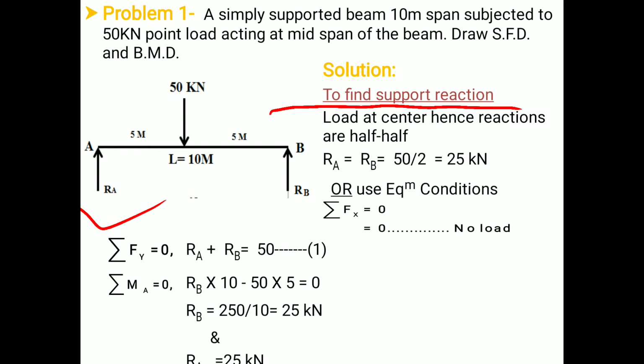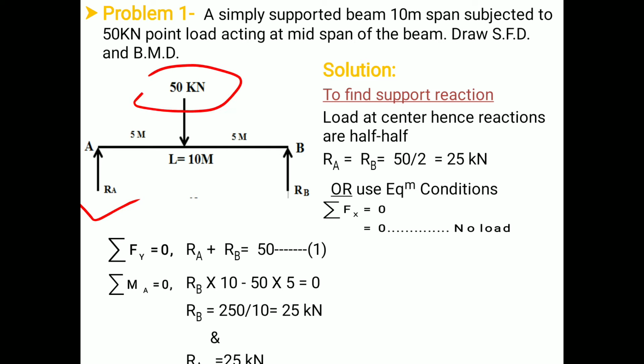But remember that as the load is acting at the mid span, it is symmetrical about YY axis. So we can easily see that the reaction RA will be half of the point load, and the reaction RB will be half of the point load, because it is symmetrical about YY axis.